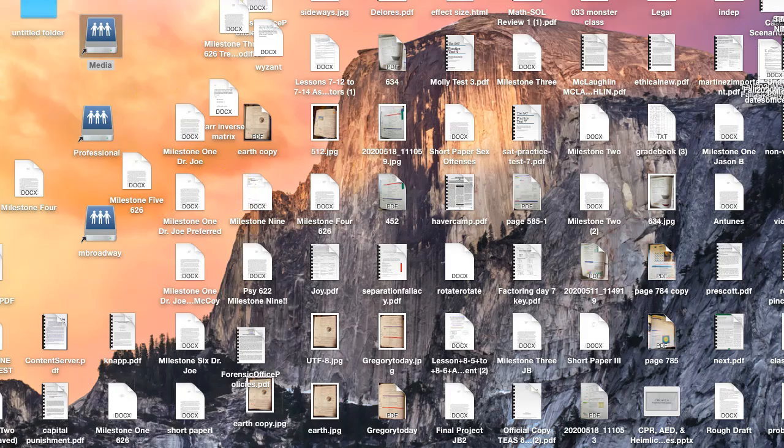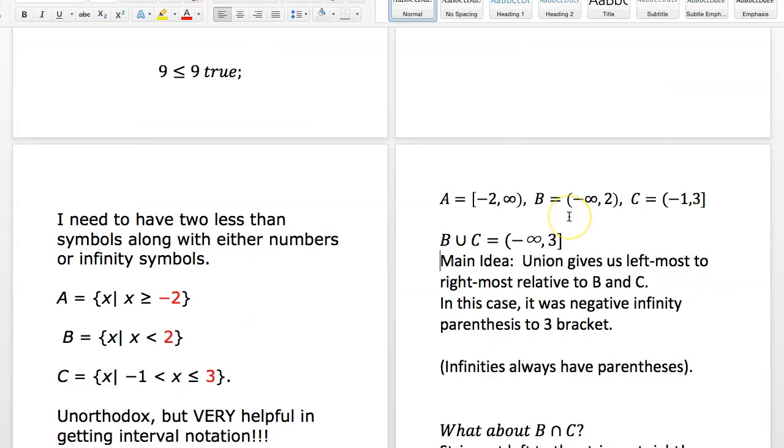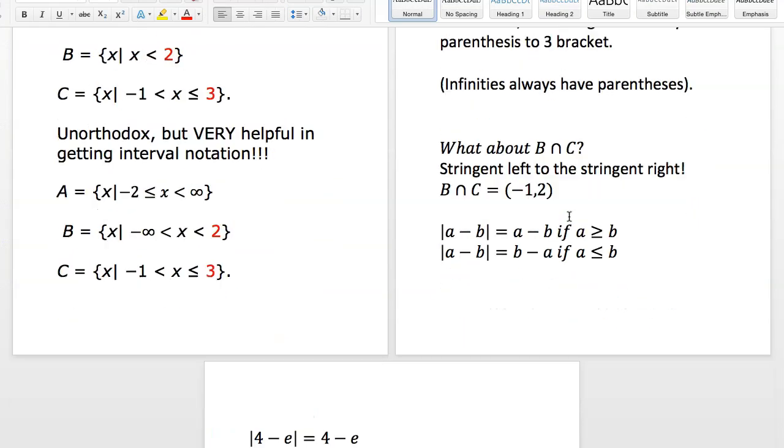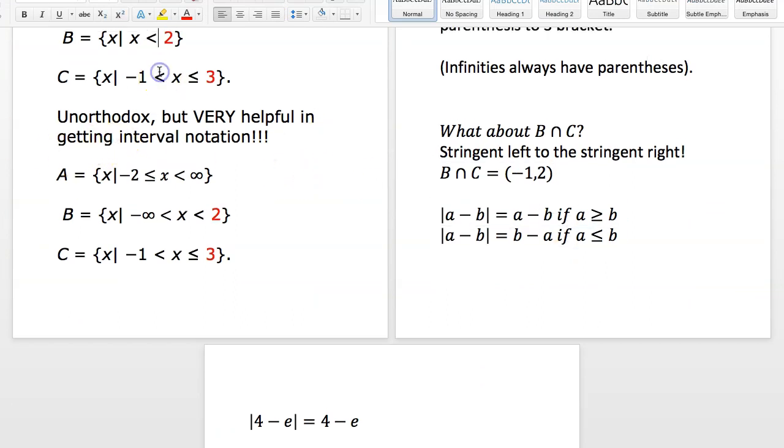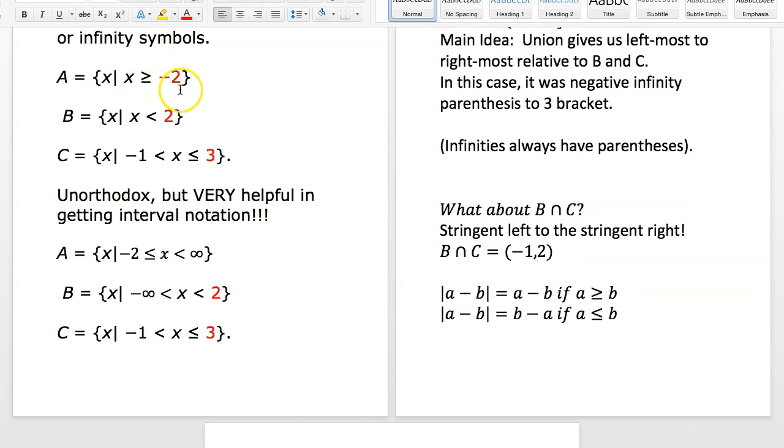Hey guys, what I did there was on that part there of the video, the ABC part is x greater than or equal to -2. That's the same thing as -2 less than or equal to x. But notice there's no restraint to the right. So you can just as well say x is less than infinity.